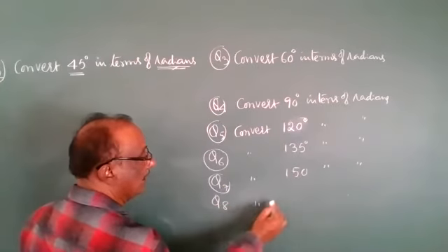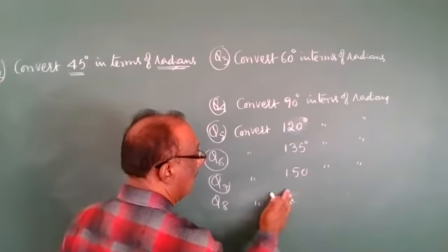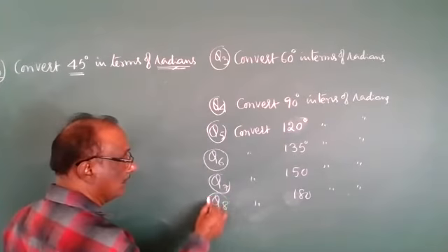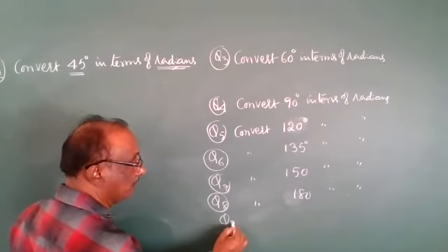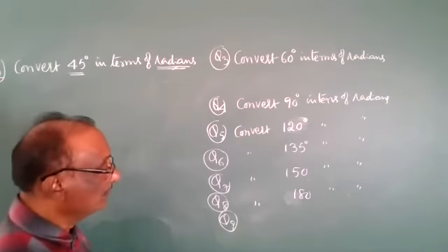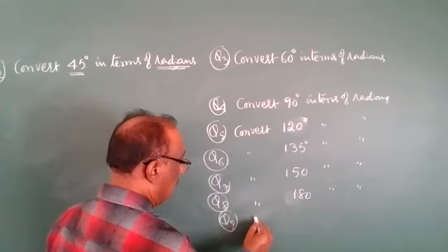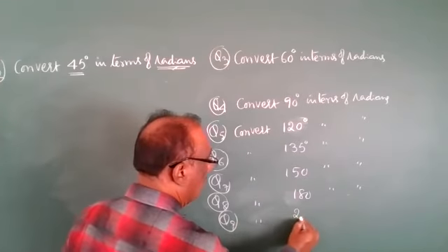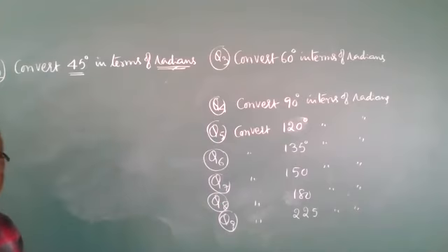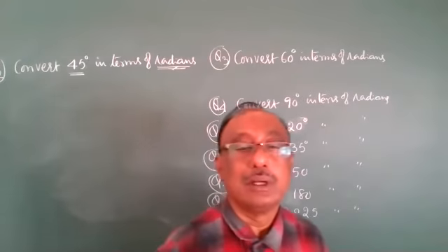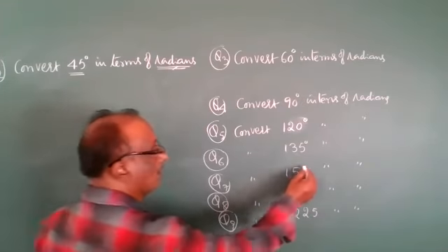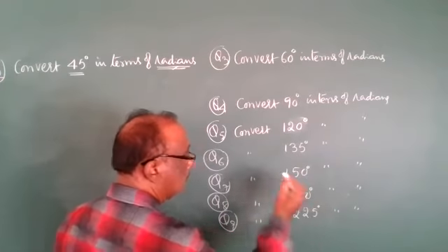Question number 8: convert 180 degrees in terms of radians. Question number 9: 225 degrees in terms of radians. These are all degrees only.